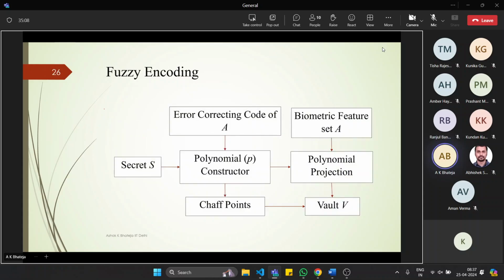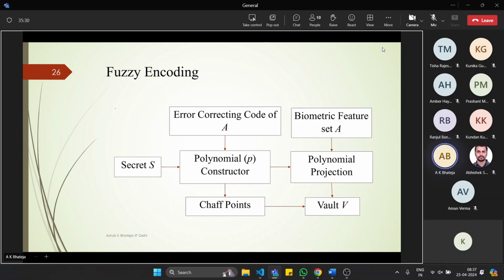Now, this is the flow chart or block diagram of this fuzzy vault encoding, because you have to encode, that is encipher, and decipher also. To encipher a secret, you can first form this polynomial, and these are the error correcting codes of it.